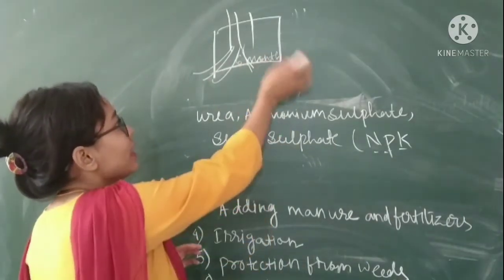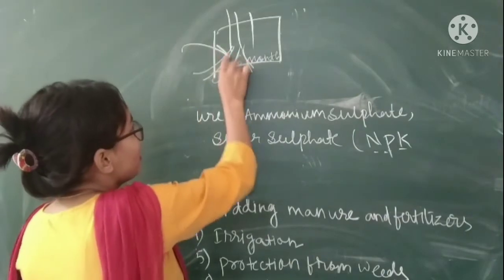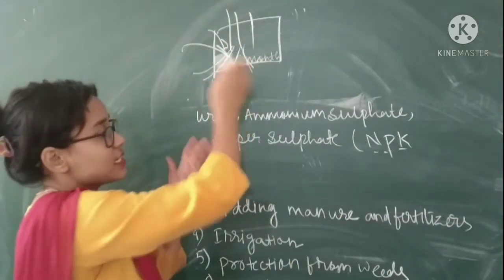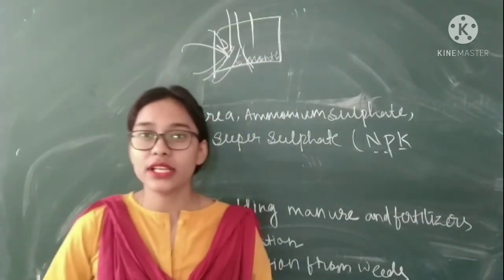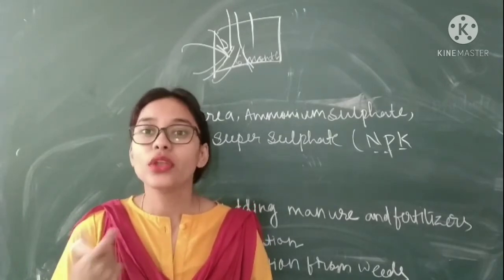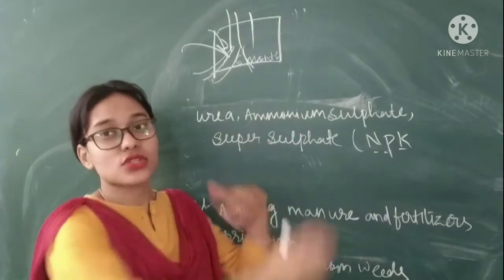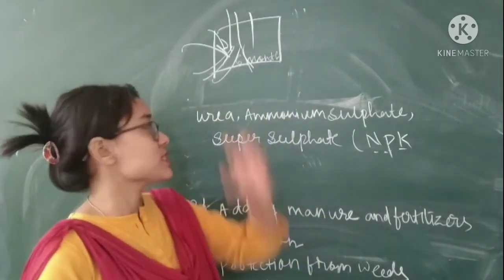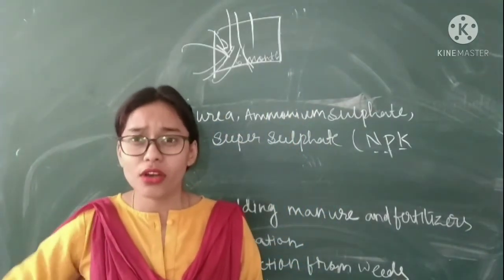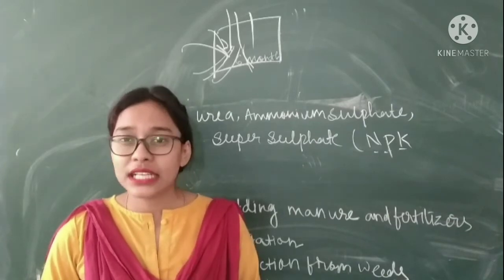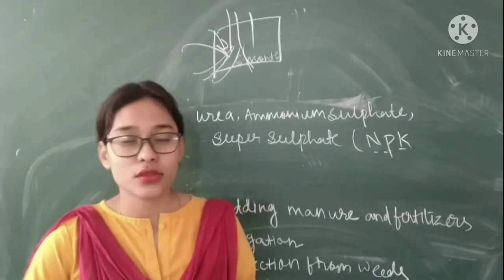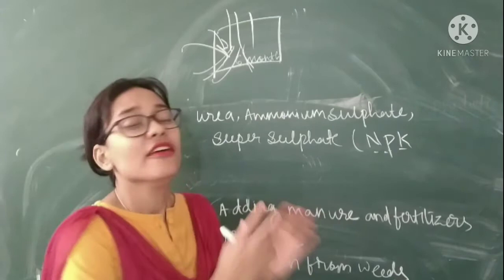Now, immediately after harvesting, if I plant the next set of plants here, do you think they will get sufficient nutrients? No. Why? Because the first set of plants took all the nutrients which were present in the soil. So to increase the minerals and nutrients in the soil, we add manure and fertilizer.